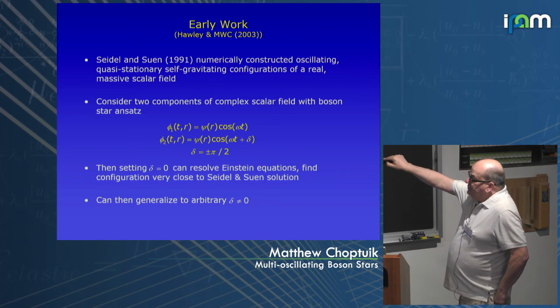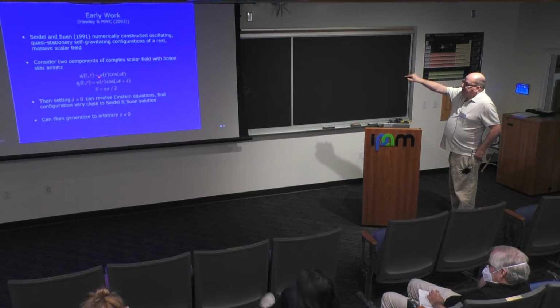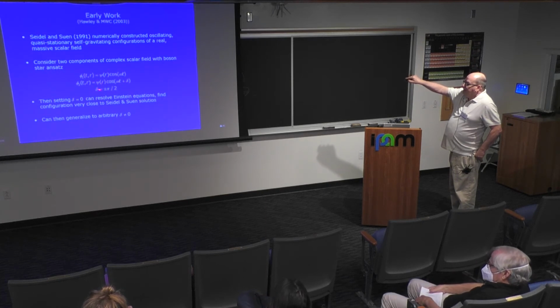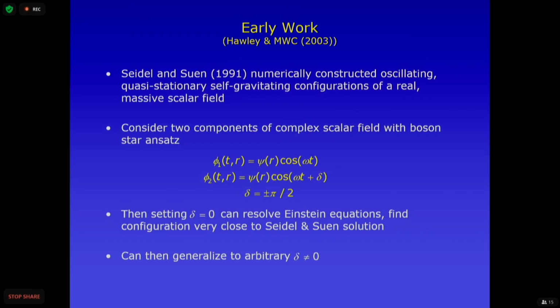So if we consider two components of a complex scalar field with a boson star ansatz, phi 1 is equal to psi cos omega t, and phi 2 is equal to psi cos(omega t plus delta), where I've added delta as a phase. That gives me a boson star ansatz when delta is plus or minus pi over 2. But if I set delta equal to 0, then these two fields are completely in phase, and so they're essentially the real scalar field that Seidel and Suen studied.